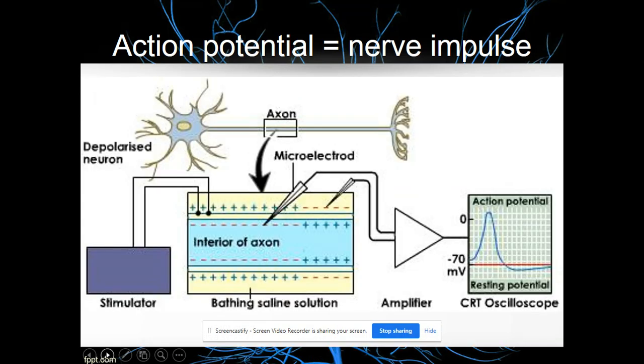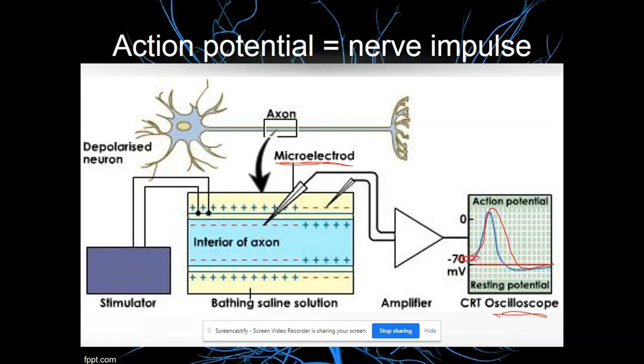And we can actually measure that by poking our nerve cells with these tiny, tiny little baby electrodes. So we can stick electrodes into the cell. We can also measure the potential outside the cell, and then we can stimulate that nerve. And we can actually watch on the oscilloscope the potential changing along the cell.